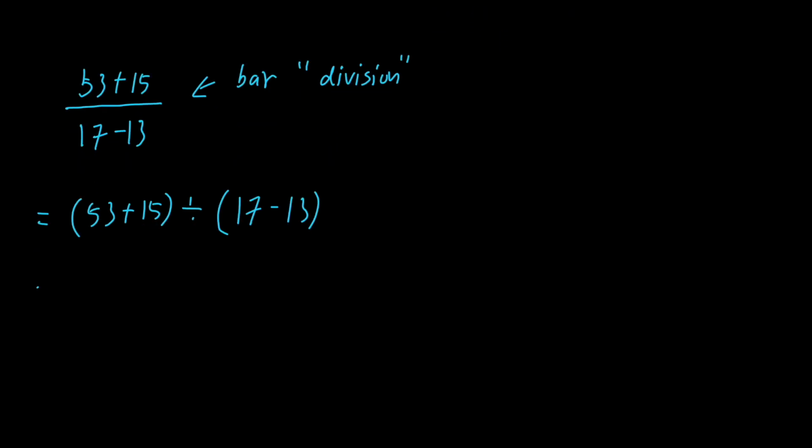So the rule is whenever we see a grouping symbol, the parenthesis right here, we're just gonna calculate the elements inside the parentheses. So 53 plus 15 is 68. And divided by 17 minus 13, which is 4. And the result will be 17.